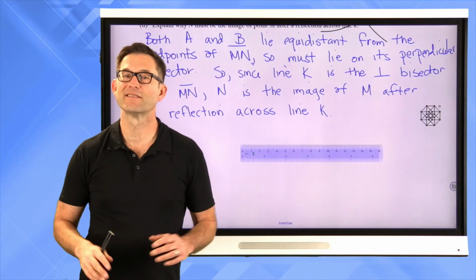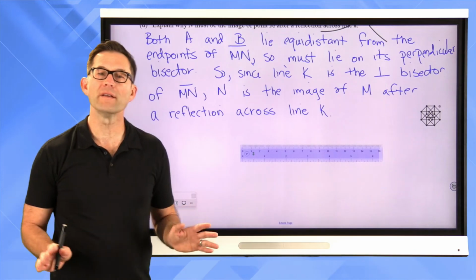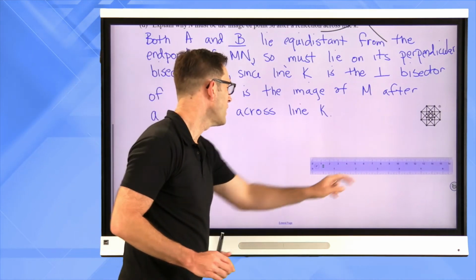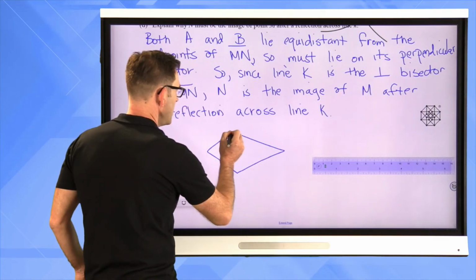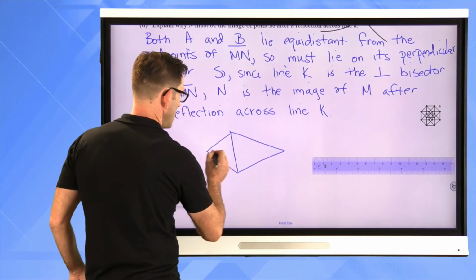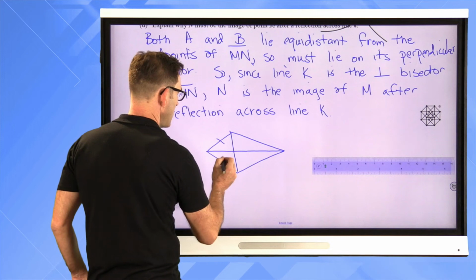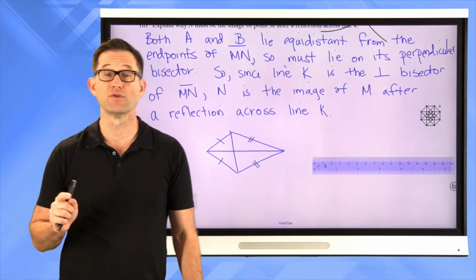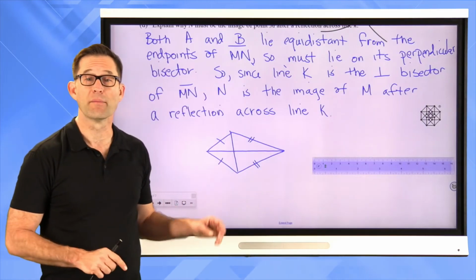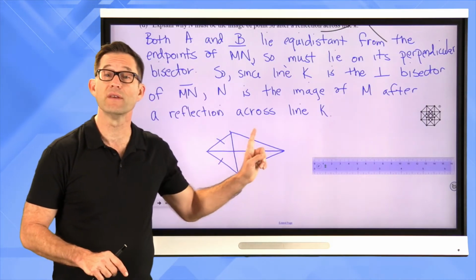Sneaky, right? But the whole idea is that a kite is any figure that looks exactly like what we just had, that has two pairs of congruent sides that are adjacent and don't overlap. In other words, these two sides are adjacent, these two sides are adjacent.